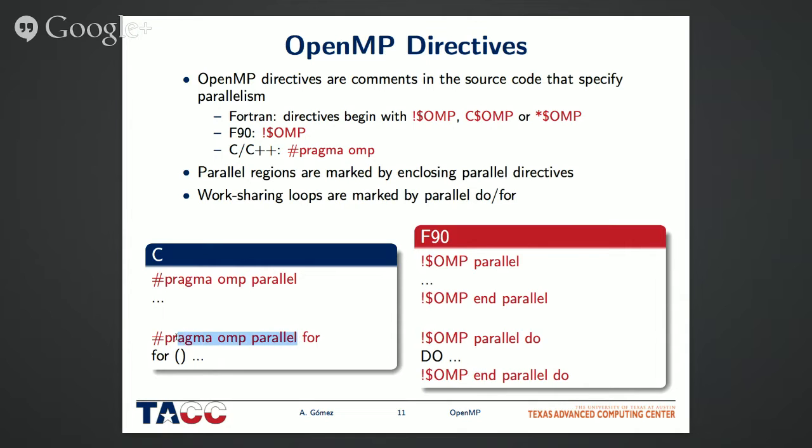With pragma OMP parallel, you are creating the threads. Then with pragma OMP for, what you are doing is, for those threads that I just created, I'm going to split the workload that I have in my for loop and distribute that workload among the threads.